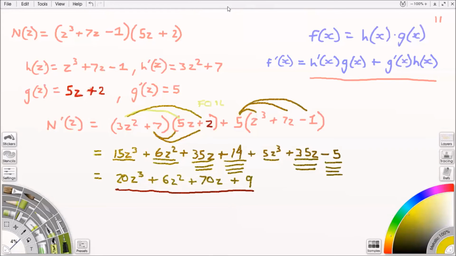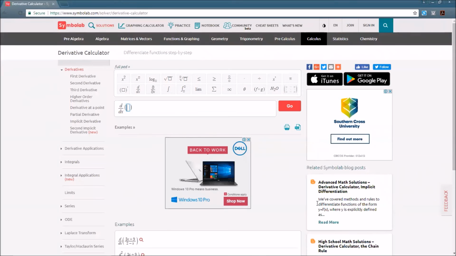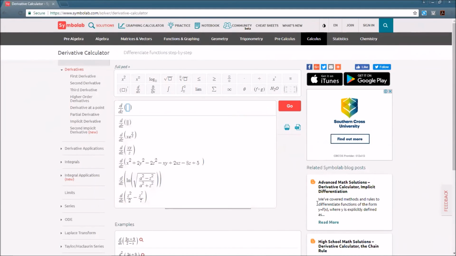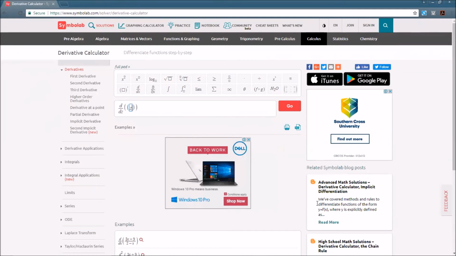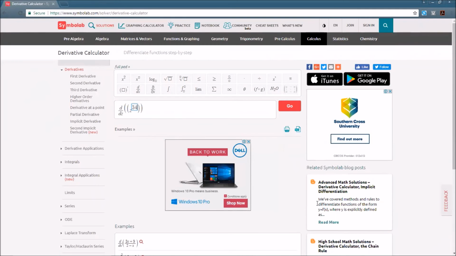Yeah, and this is my answer. Let's go check that now on Symbolab. Now we're deriving with respect to z. So z cubed plus 7z minus 1 times 5z plus 2.